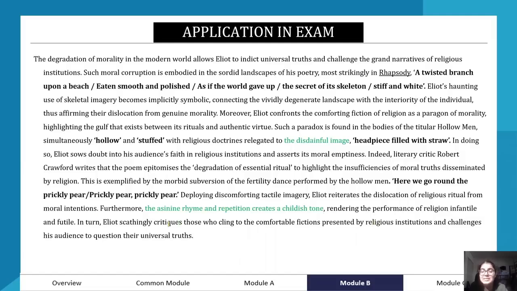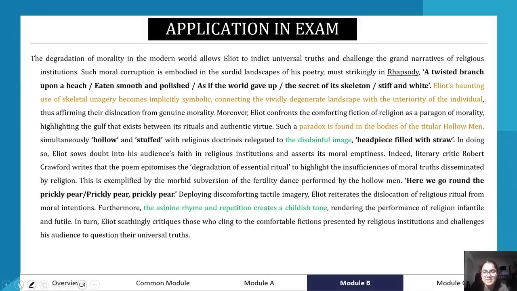In turn, Eliot scathingly critiques those who cling to comfortable fictions presented by religious institutions and challenges his audience to question the universal truth. So let's have a look. That's the first thing.